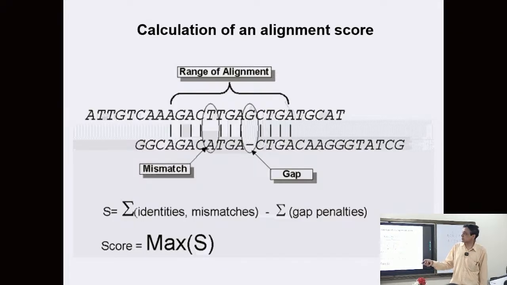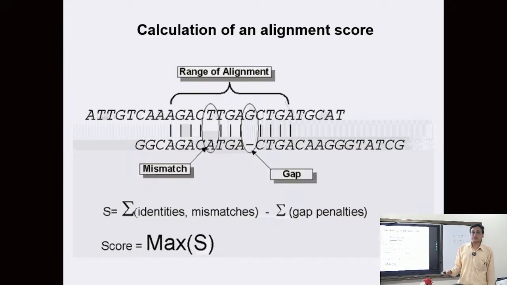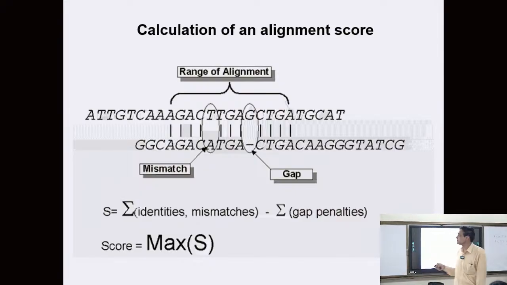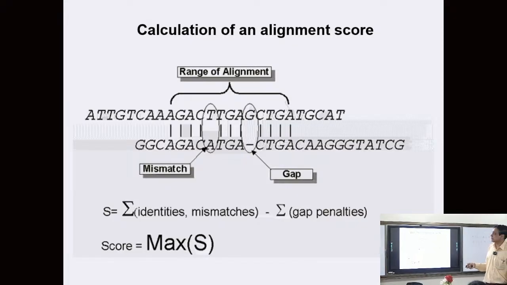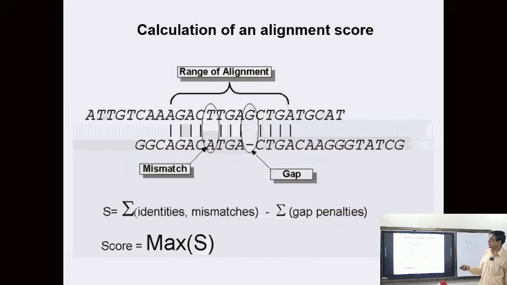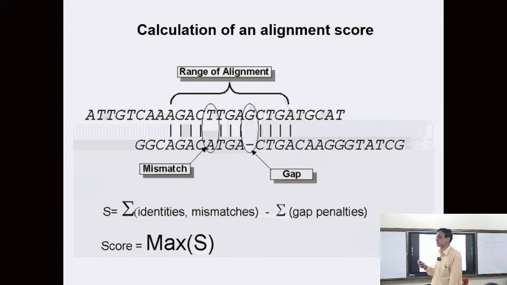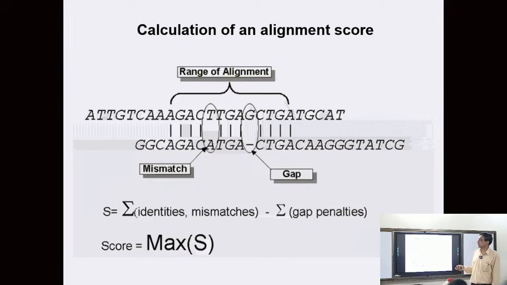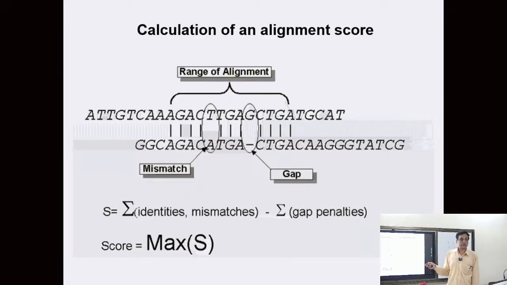Second position, T aligned to a gap, and so on. Gaps are insertions or deletions that can happen in the course of evolution in sequences. And then there are mismatches. So, C aligned to G, mismatch, and there are matches or identities. There are scores associated with each of these: match, mismatch, and gap. So, you would want to add the scores for these, and that would be the score for the alignment.